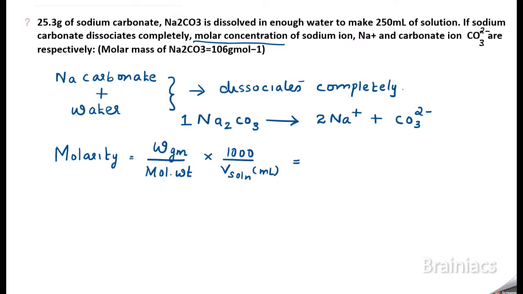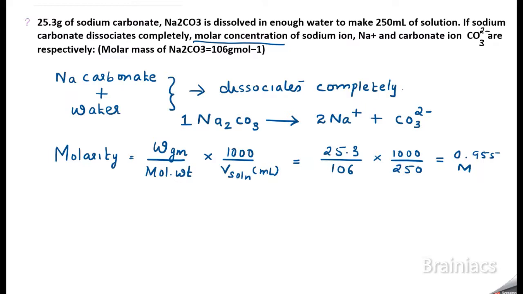So on substituting, we will get 25.3 divided by molecular weight of the solute, which is given as 106, into 1000 divided by volume of the solution, which is given as 250. If you do this calculation, you will get the answer as 0.955 molar.